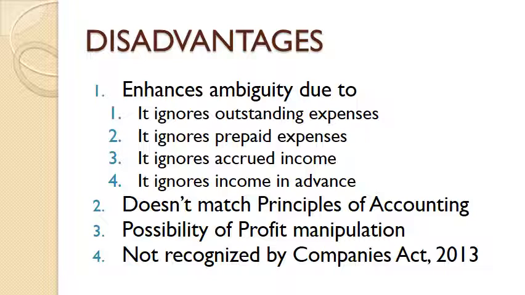Accrued income, that is the income which we are going to earn in the coming future, or which is supposed to be earned. Okay, and it ignores the income in advance also.